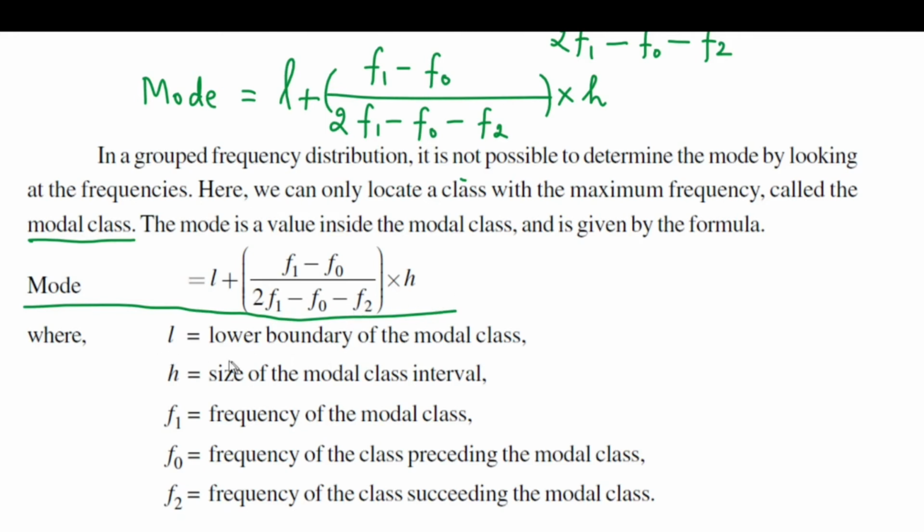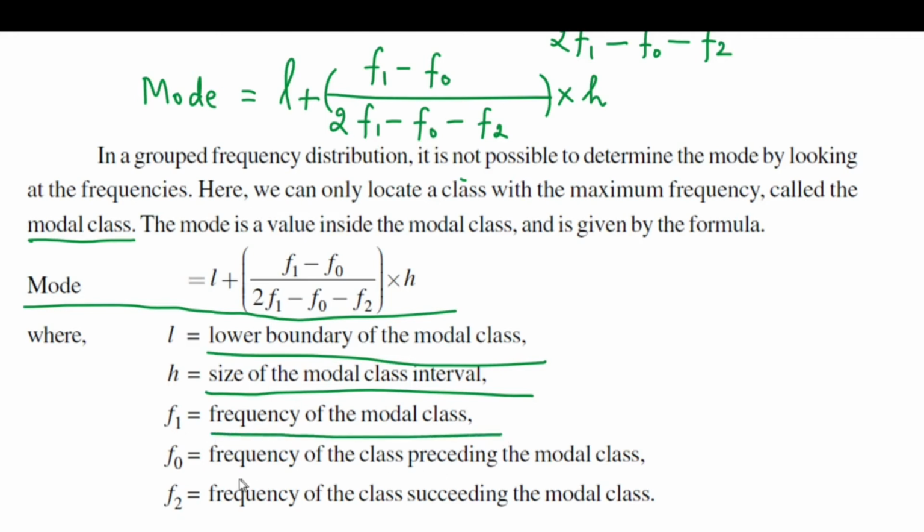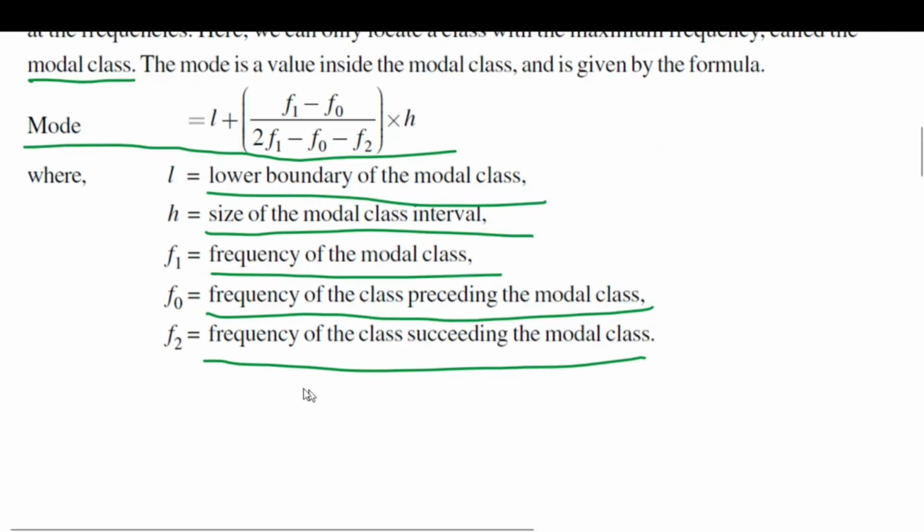Here L is the lower boundary of the modal class, h is the size of the modal class interval, f1 is the frequency of the modal class, f0 is the frequency of the class preceding the modal class, f2 is the frequency of the class succeeding the modal class. In various textbooks, various notations may be given. You follow the notation given in your textbook.